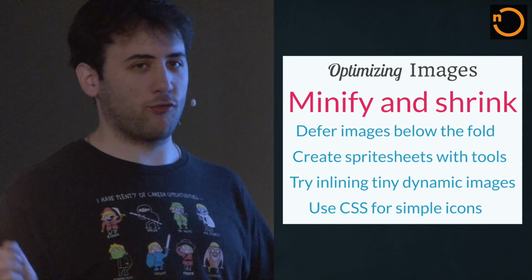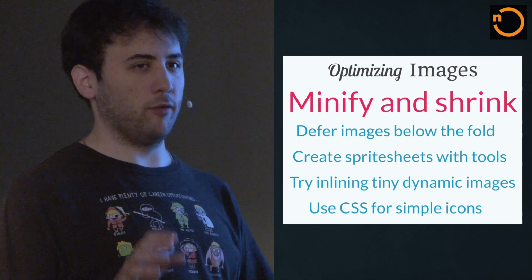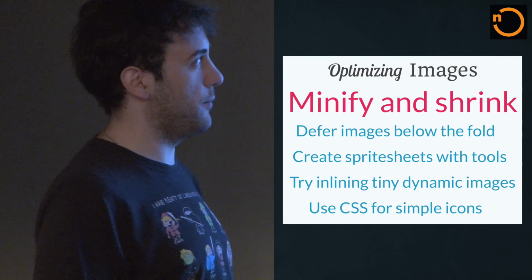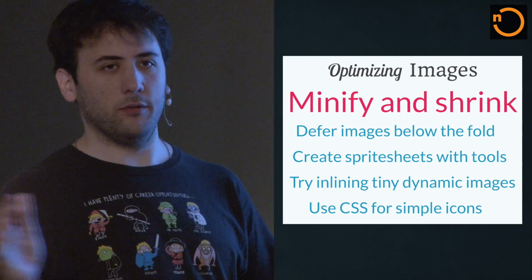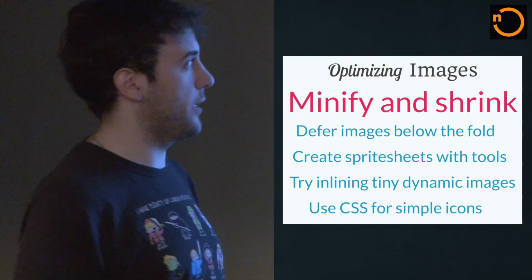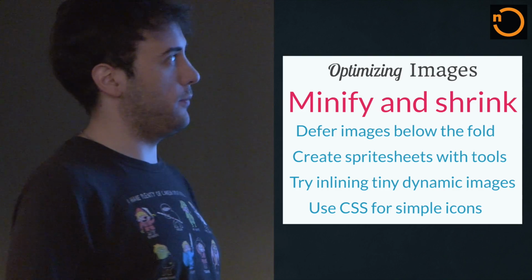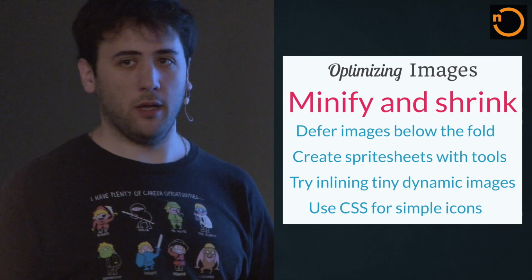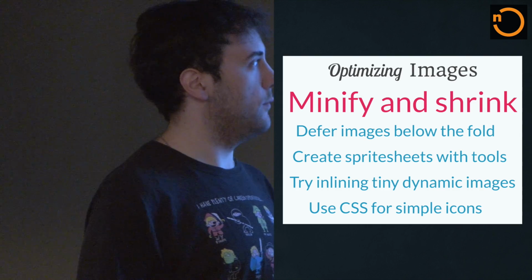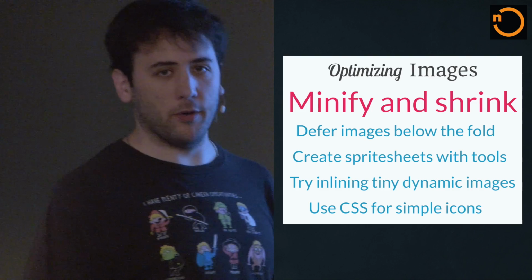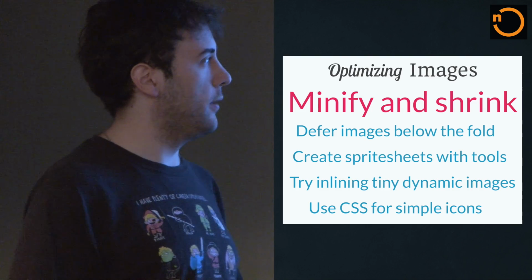And if you shrink them to like 900 pixels by 700 or something like that, or anyways, you set the maximum width to 900 pixels, chances are it's going to be practically the same, except probably 4 megs smaller. So do that. Again, defer images below the fold.